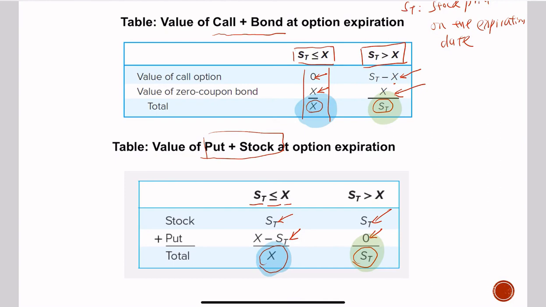Now, what's the implication of this? The implication is that if call and bond have the same future payoffs as the put and stock portfolio, then these two kinds of investment strategies should have the same present value.